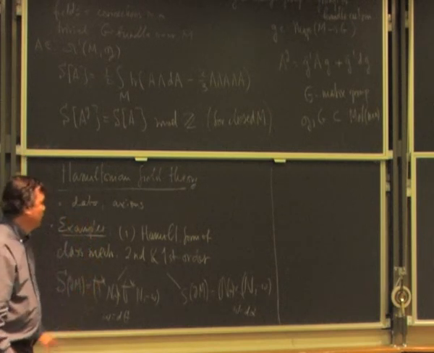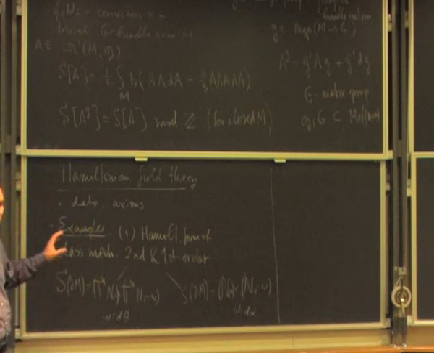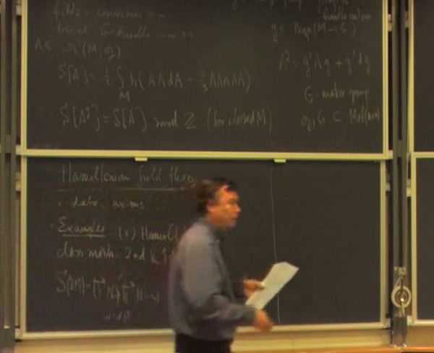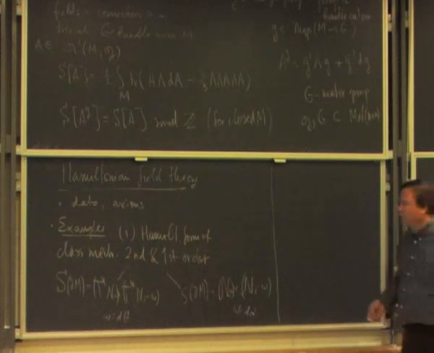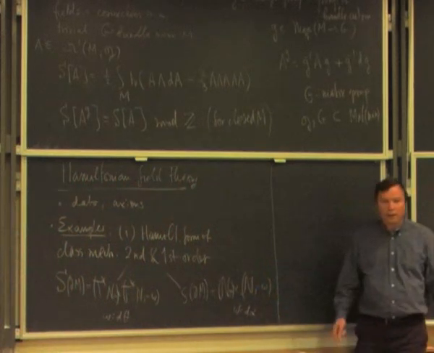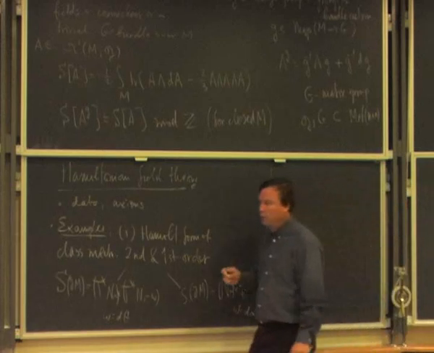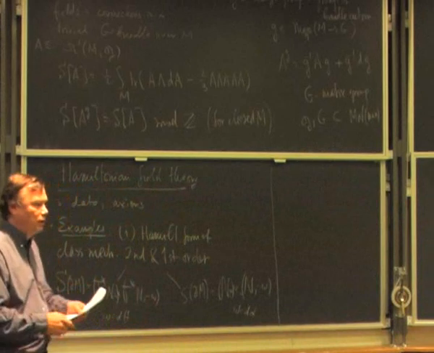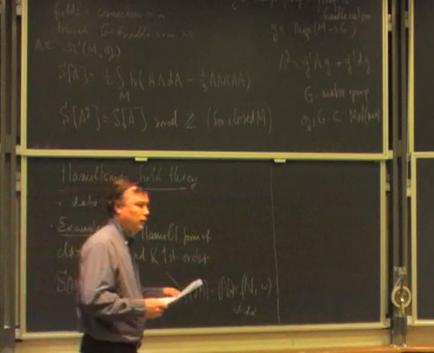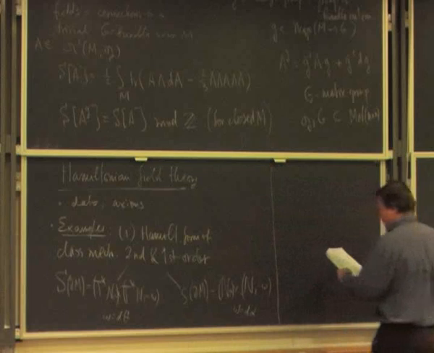So in some sense the Hamiltonian part is somewhat decorative here. The only constructive part of the Hamiltonian picture is the discussion of boundary conditions, which will be important for Chern-Simons, but that we will do later in the course.